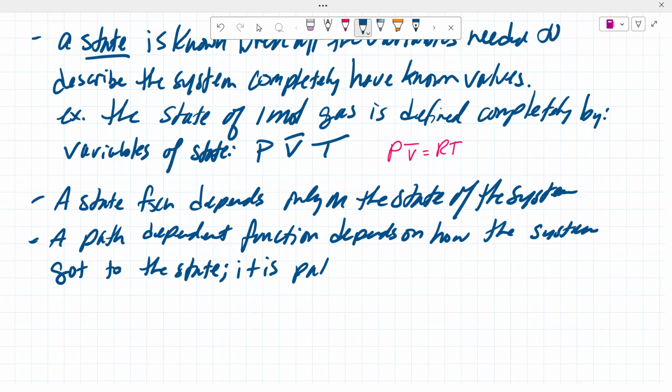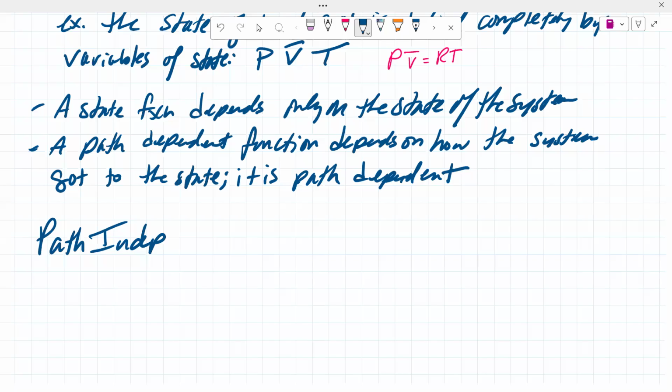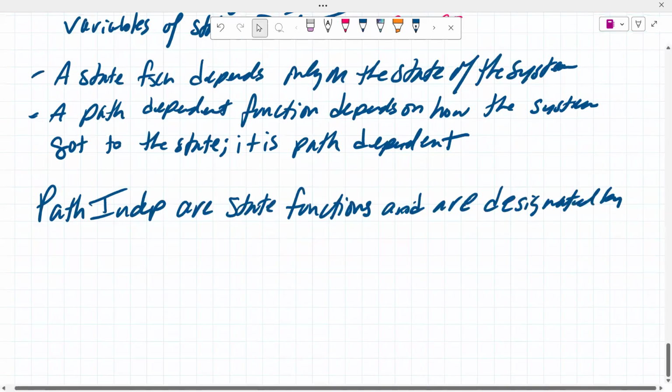Path-independent quantities are state functions, so the ones that do not depend on path are called state functions and are designated by the capital letters.